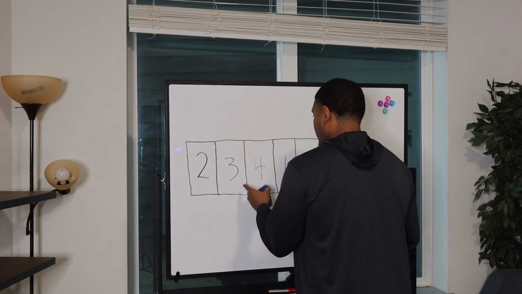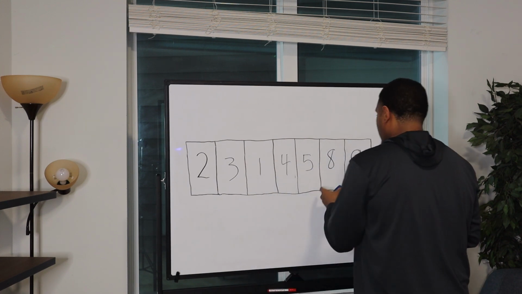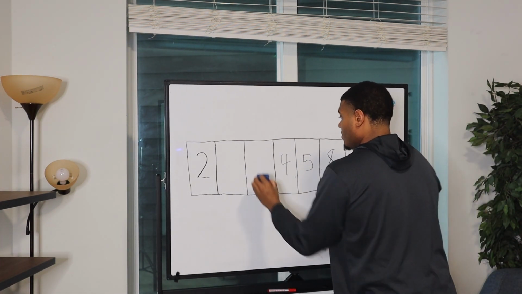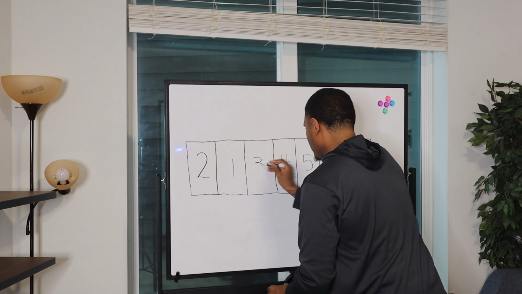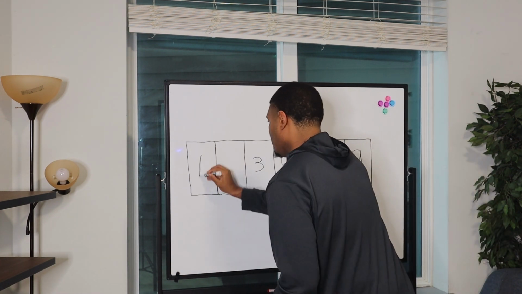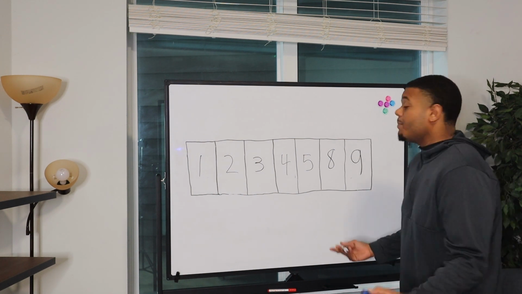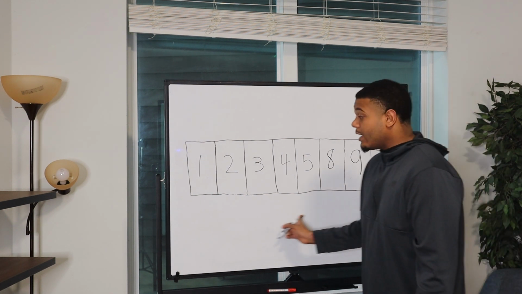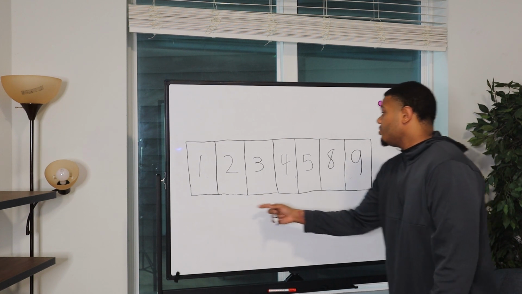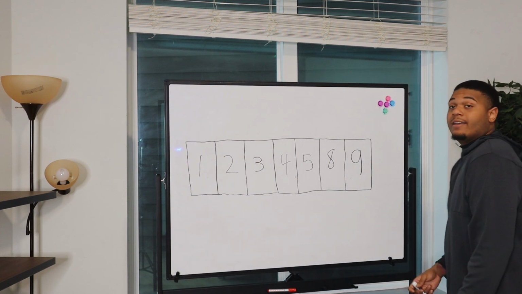Now it's time for the third iteration. Now it's time for the fifth iteration. Now it's time for the sixth iteration. So we have solved our bubble sort, and here is our sorted array, which we have 1, 2, 3, 4, 5, 8, 9.